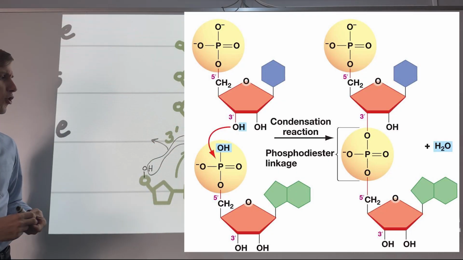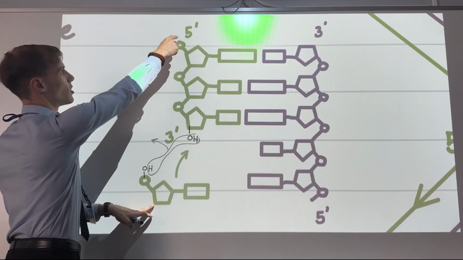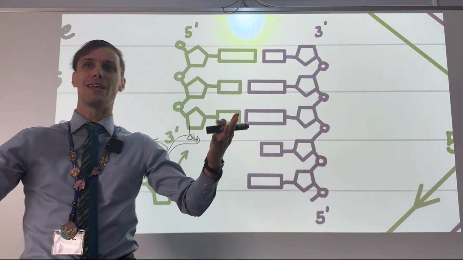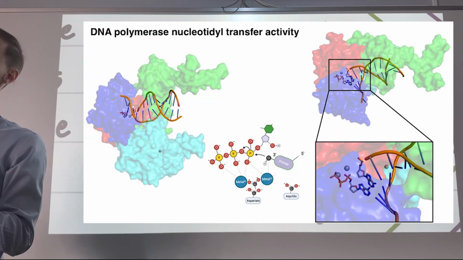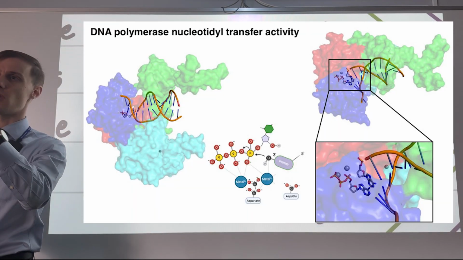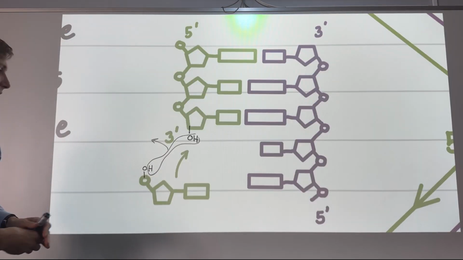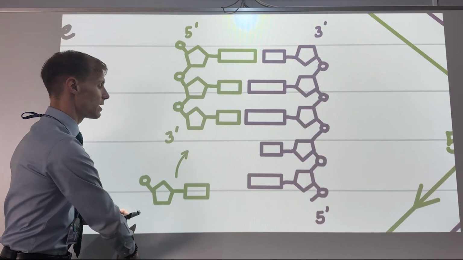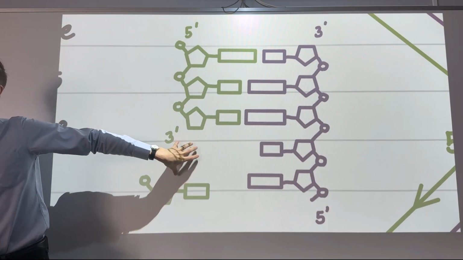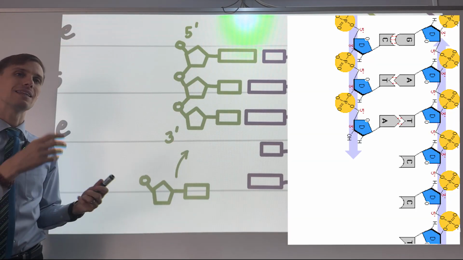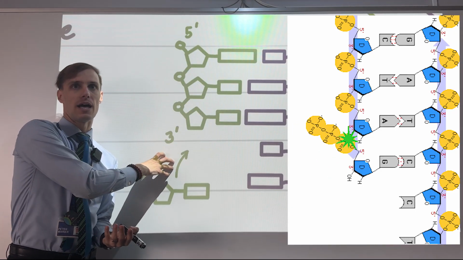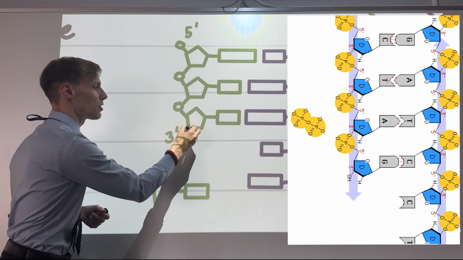Now, you might be like, couldn't you also just do the same thing with the OH here and there? In reality, yes, but these proteins, like I said, have a very particular shape and a very particular active site, and the way in which they've evolved is they can only really operate in this fashion. So this protein can only link a new nucleotide to the backbone at the 3' end.